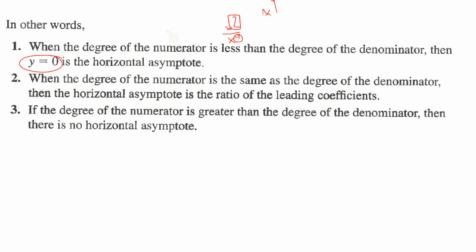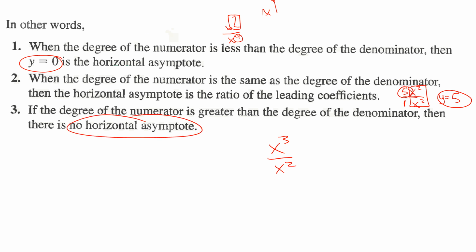You're done. If they are the same, let's say 5x squared over x squared, then you divide 5 over 1, and that is your asymptote. And if the numerator is bigger, x cubed over x squared, there is no asymptote.